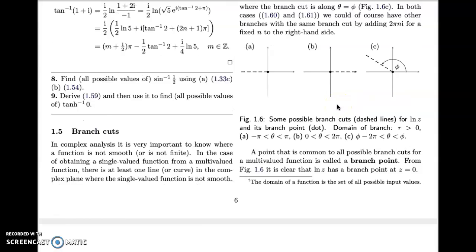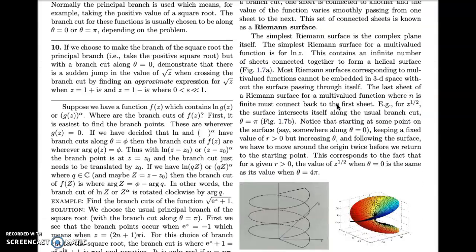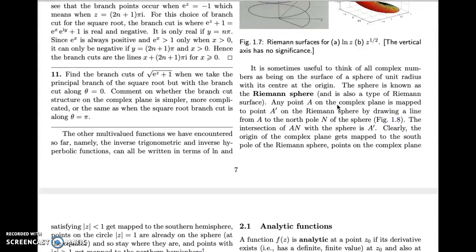I won't give you any more clues, but the answer is not going to be the same as the example. It says to find the branch cuts of this and comment on whether the branch cut structure on the complex plane is simpler or more complicated than this example. So you should probably draw the branch cuts in this case and in that case and compare.